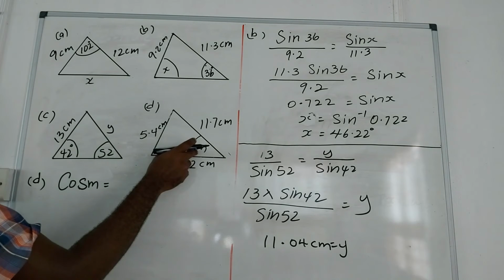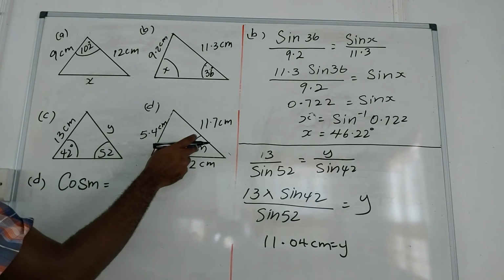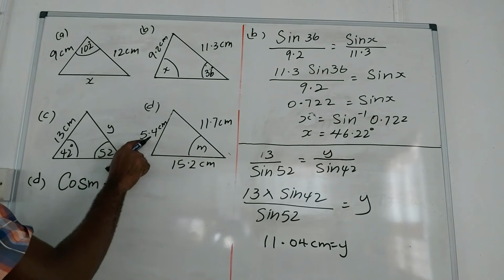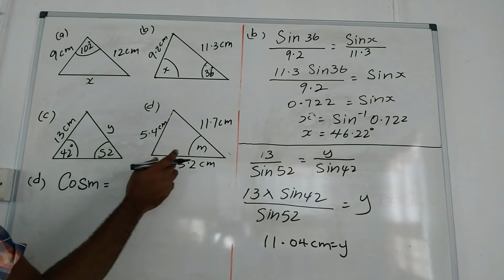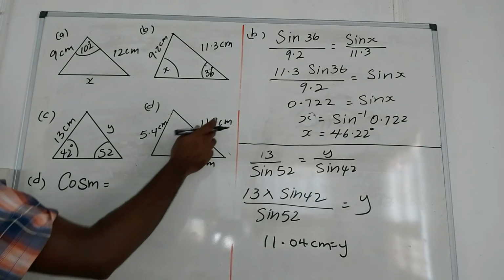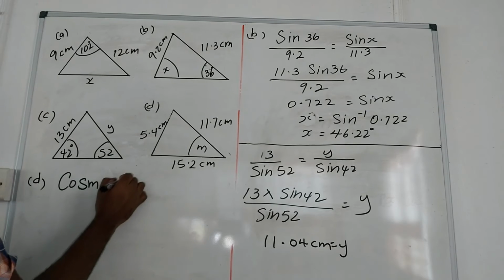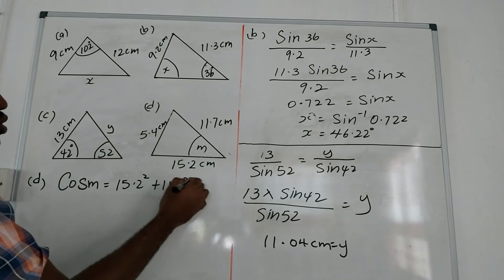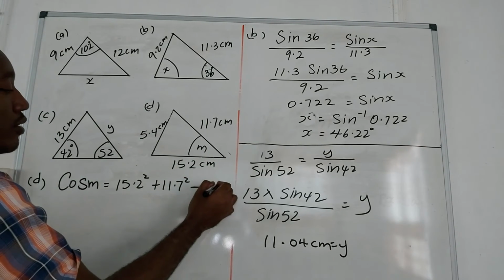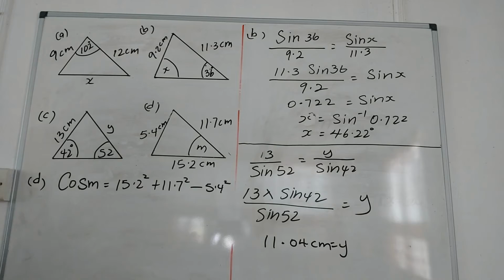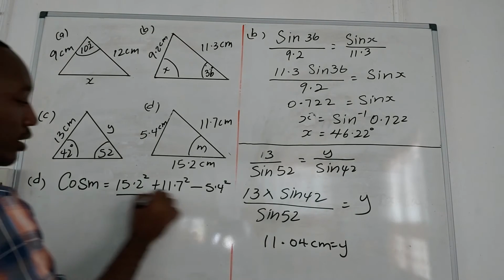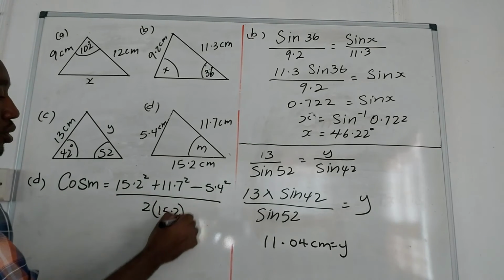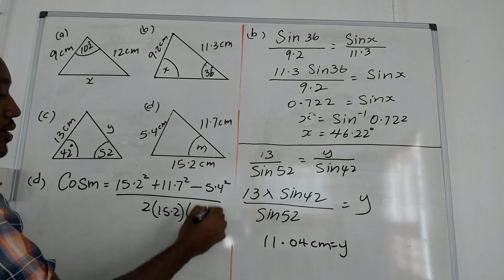since we have to find M, we know that we'll have to be subtracting the square of this. So A and B will be these two sides. So it will be 15.2 squared plus 11.7 squared minus 5.4 squared, over 2 times 15.2 times 11.7.